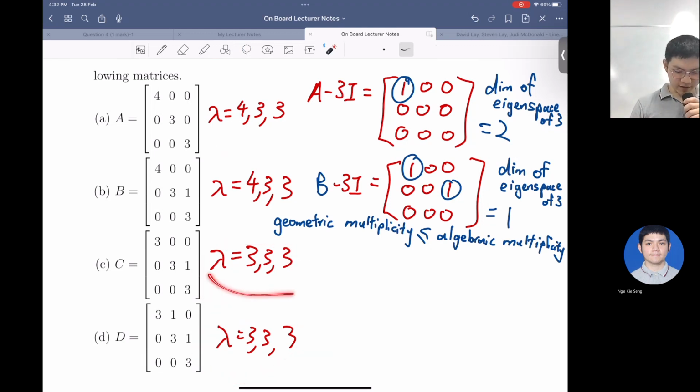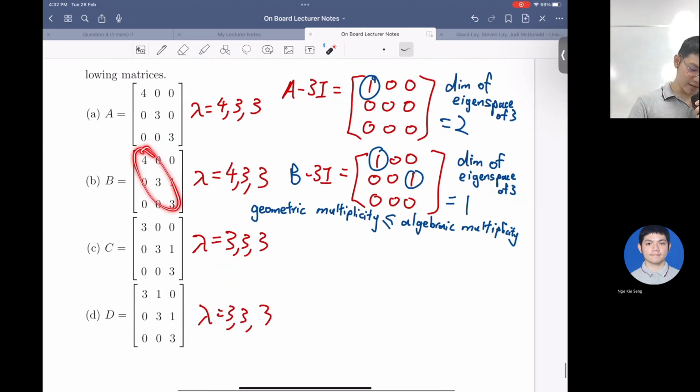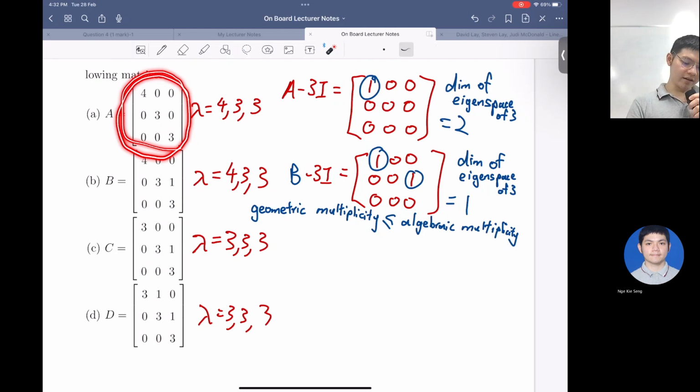The geometric multiplicity is less than the algebraic multiplicity, and then see how it affects the diagonal here. You can see this relation. I won't tell you, but see what happened to the diagonal. How close is a matrix to a diagonal matrix? For A, this is really a diagonal matrix already.